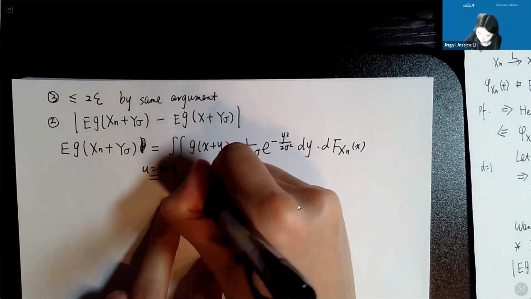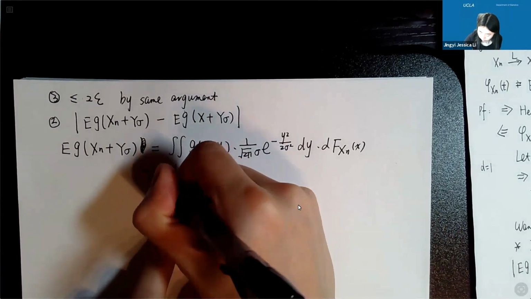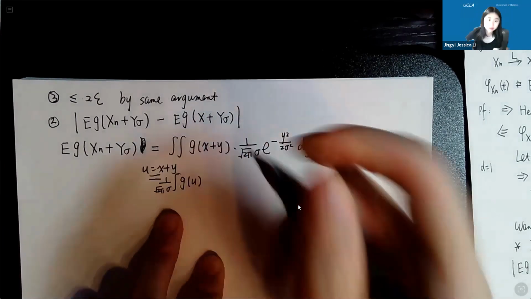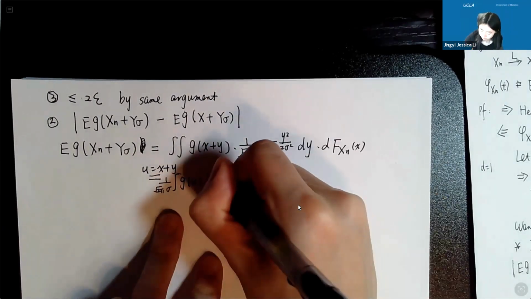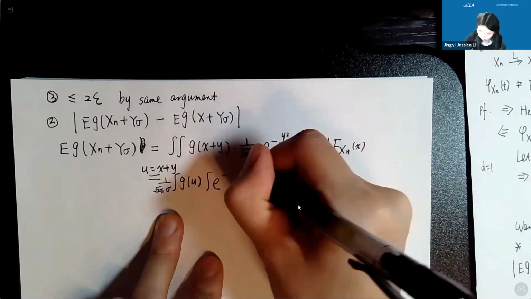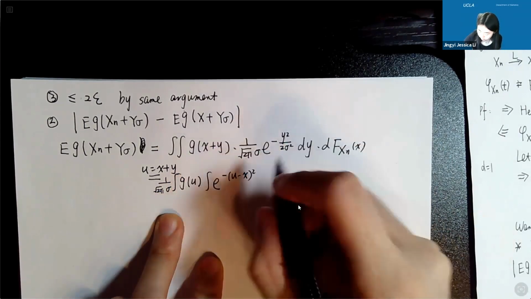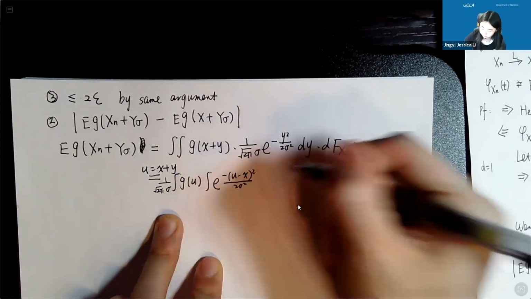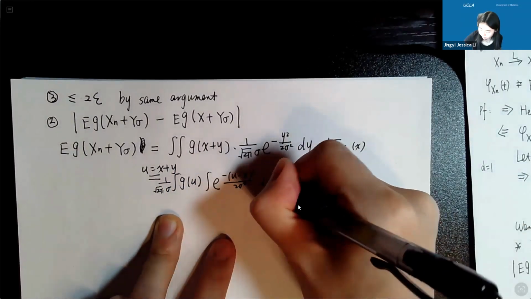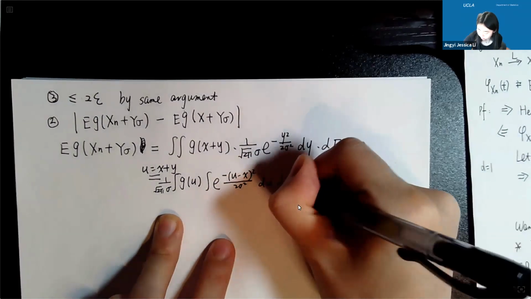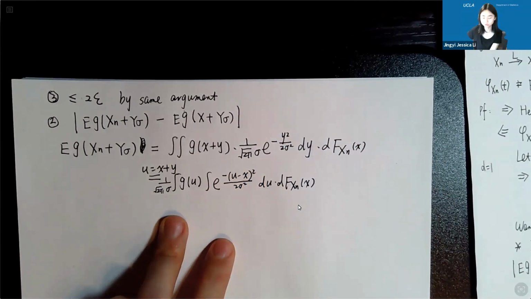Inside, I can put the constant out as well. Here, this thing will become exponential of negative (u minus x) squared, that's y, divided by 2 sigma squared. And then I have du and dFxn(x). Nothing special, just change of variables.